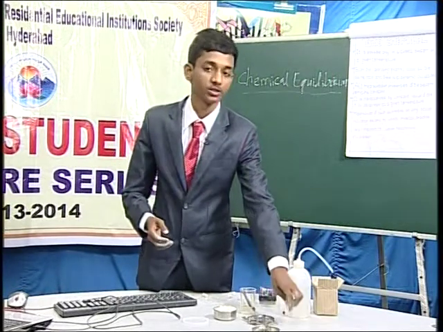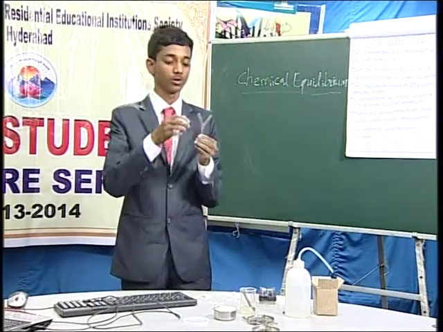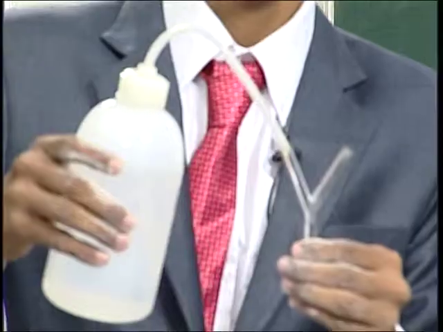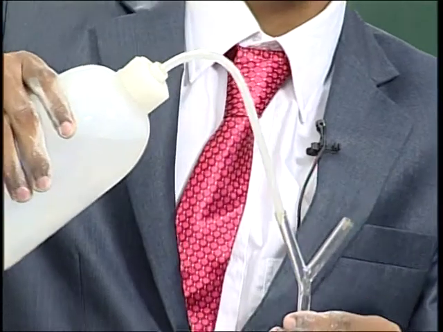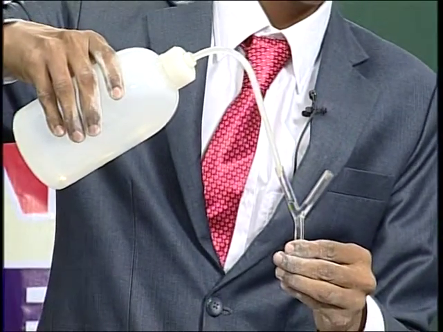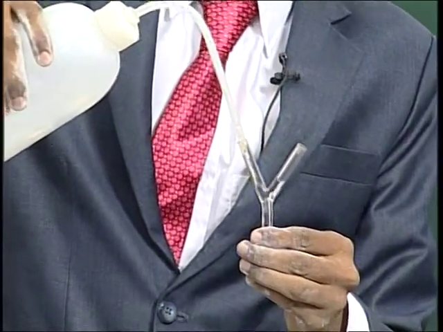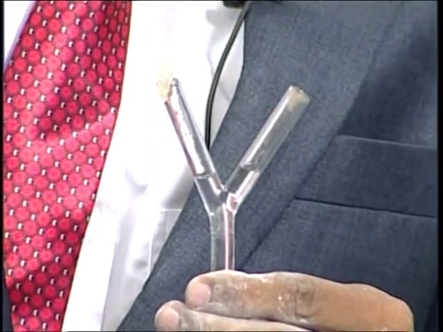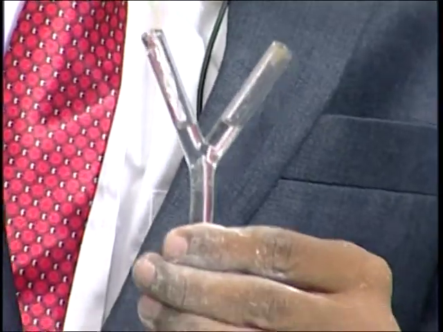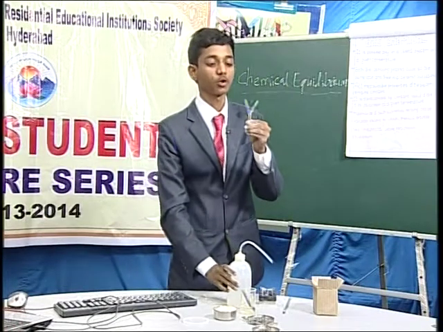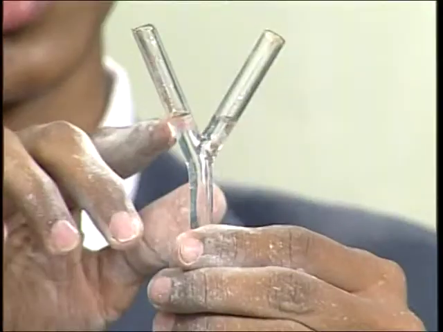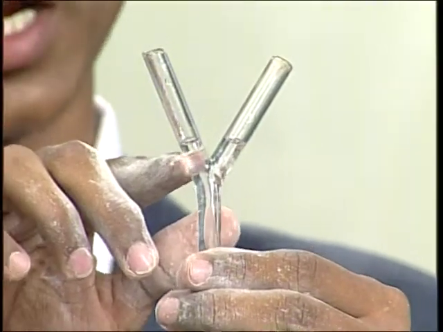Here there is a tube. What you will observe if we pour water in this is that both the water levels are at the same state, which means they are at equilibrium.